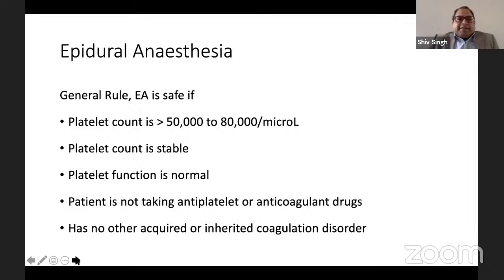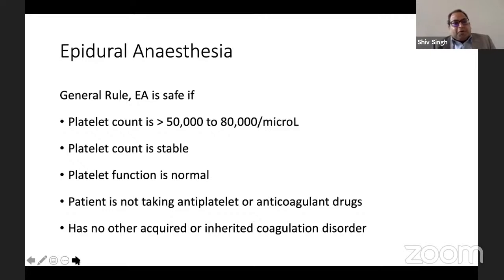For epidural anesthesia in such cases, the general rule is epidural is normally thought safe if the platelet count is more than 50,000 to 80,000 and the counts are stable. So it's important to look at the dynamic range of platelets. You don't look at a single reading. And the platelet function is normal, which means the platelets which are there are of good quality.